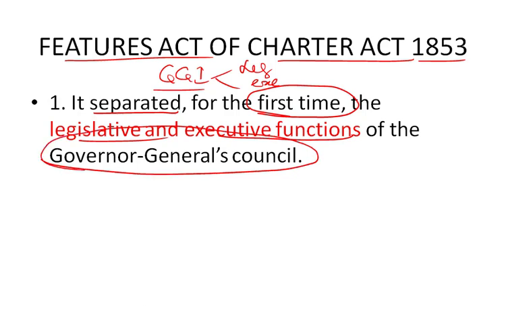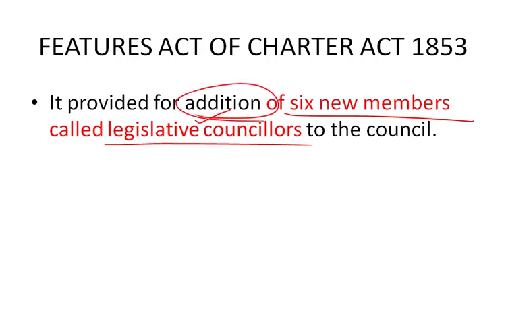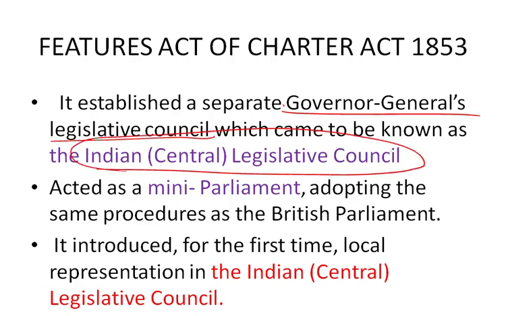It also added 6 new members as legislative councillors. So the first feature of this act is that it created a separate Governor General's Legislative Council. It is also called the Indian Central Legislative Council. It acted as a mini parliament, following the same procedures and rules as the British Parliament.